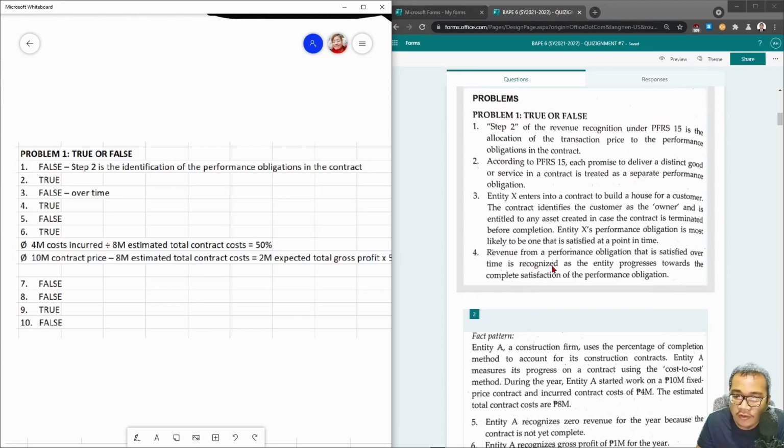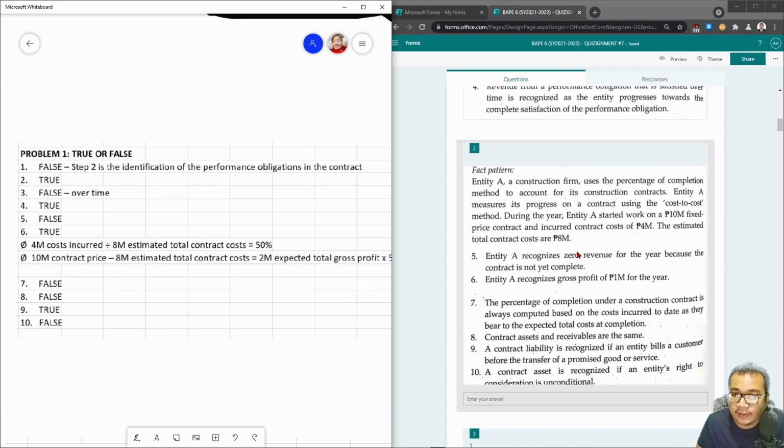Number 4, revenue from a performance obligation that is satisfied over time is recognized as the entity progresses towards the complete satisfaction of the performance obligation. That is true.